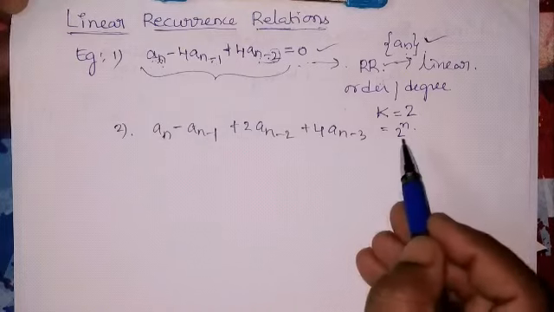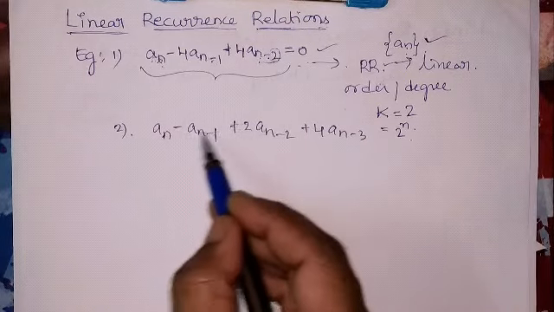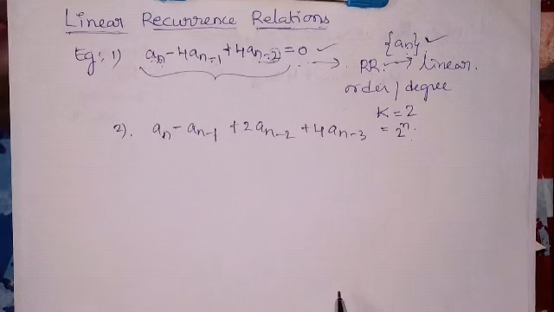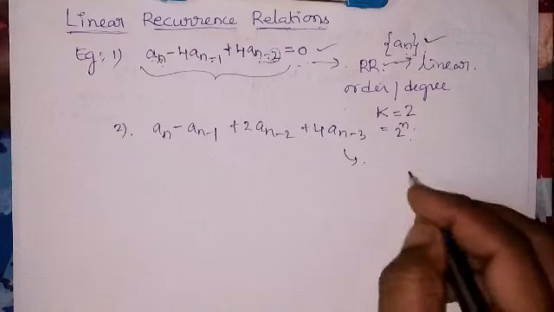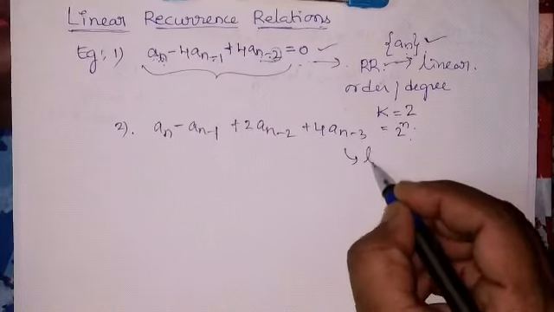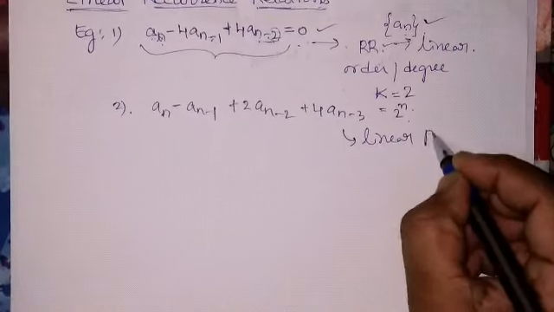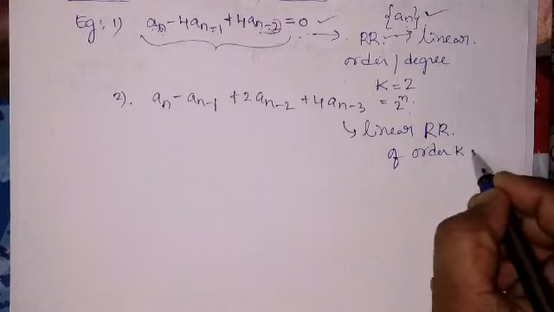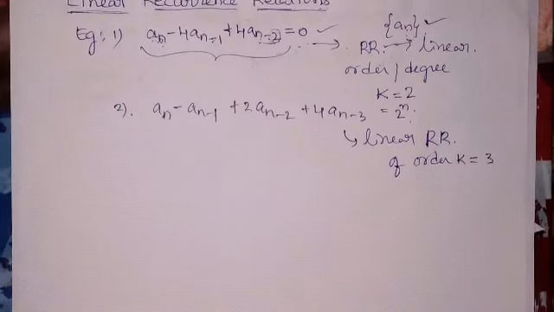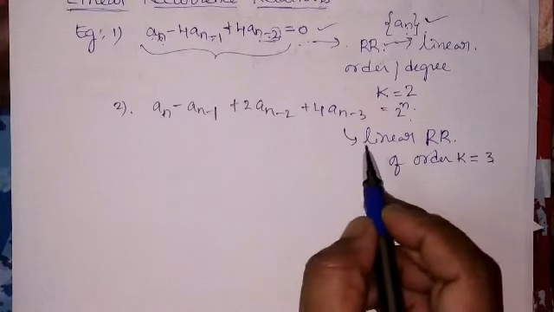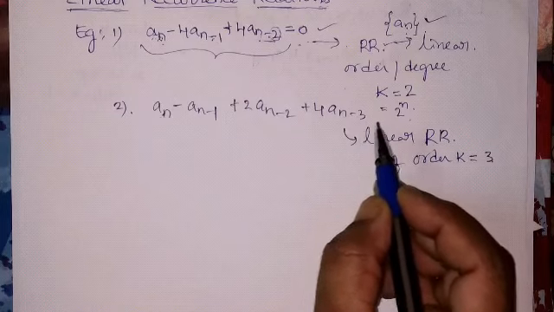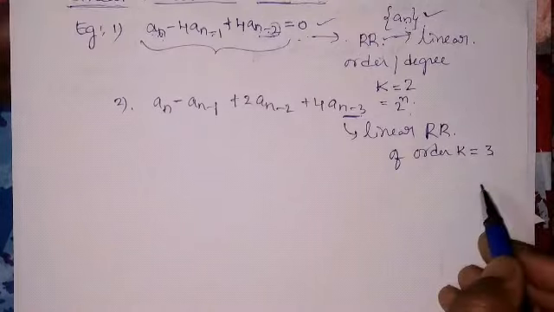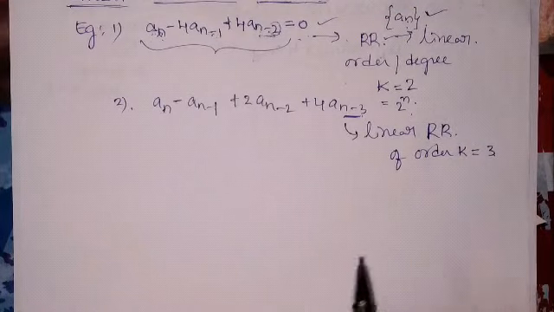Moreover, it is also linear because in each of its terms, only one term of the sequence exists. So this example is a linear recurrence relation of order or degree k equal to 3, because the minimum suffix for the term of the sequence is n minus 3. The 3 is taken as the order of the recurrence relation.